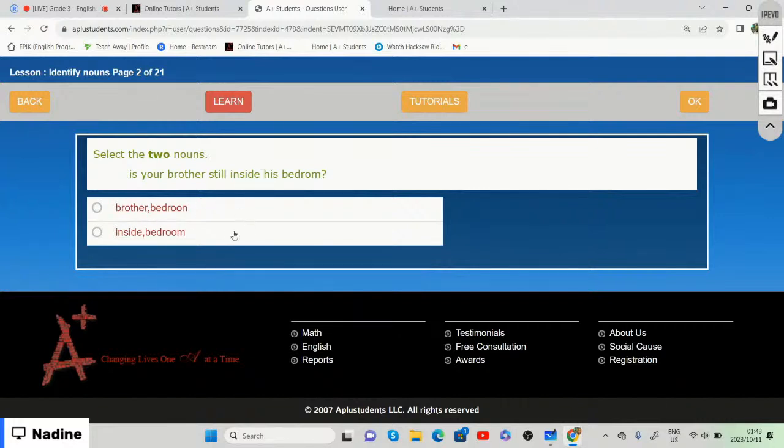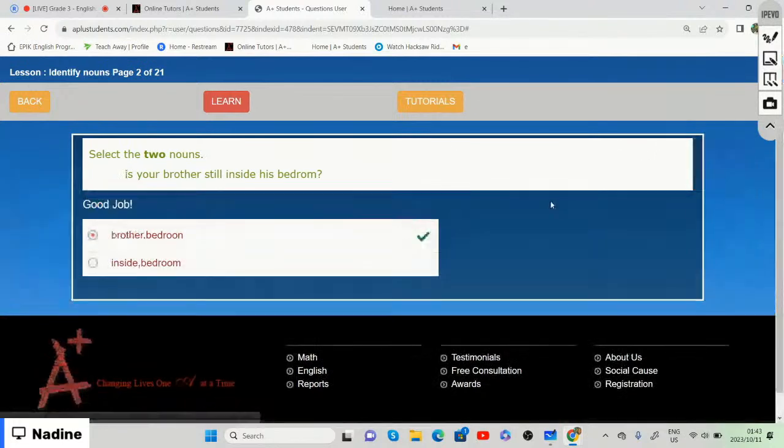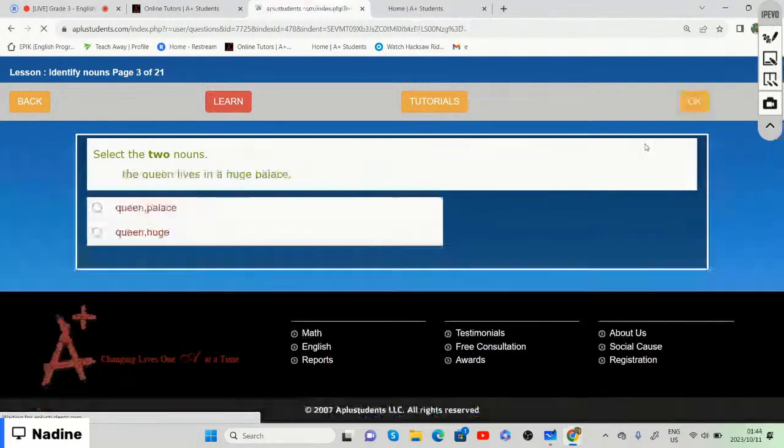All right, let's go with brother and bedroom. And that is us identifying a noun.